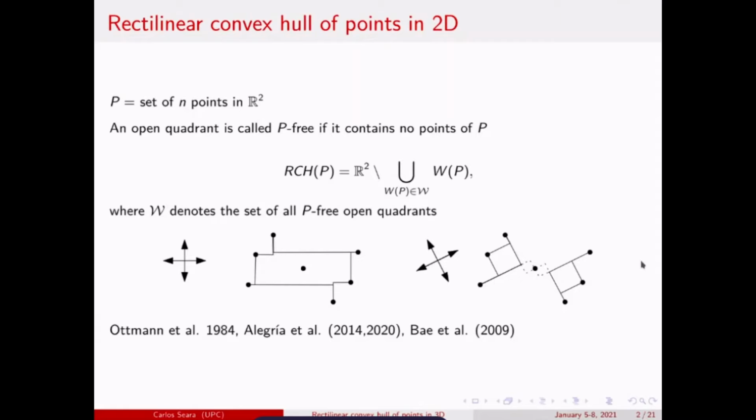The problem in 2D, the rectilinear convex hull. After you cut all these empty quadrants, you get this. This rectilinear convex hull is contained in the normal convex hull of a set of points.